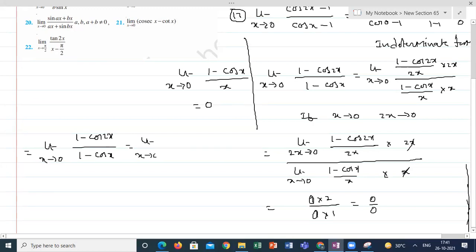Limit x tends to 0, 2 sine square x divided by 2 sine square x by 2, because of half angle. This is 2x, half angle is x by 2. So now 2 is cancelled. And limit x tends to 0, this is sine x by 2 whole square.